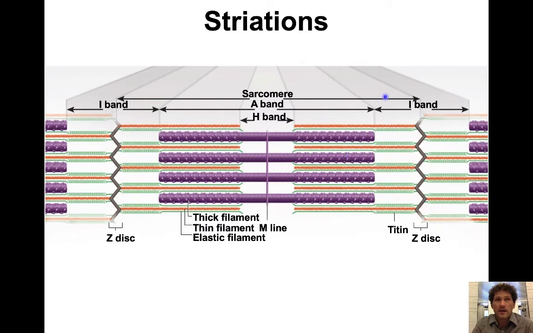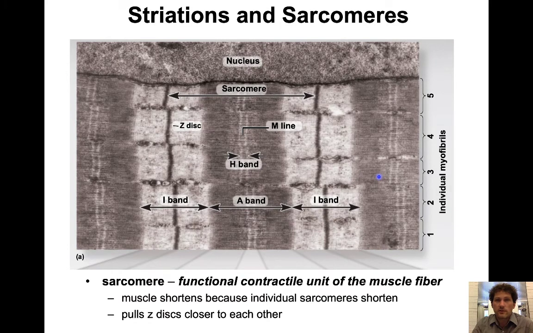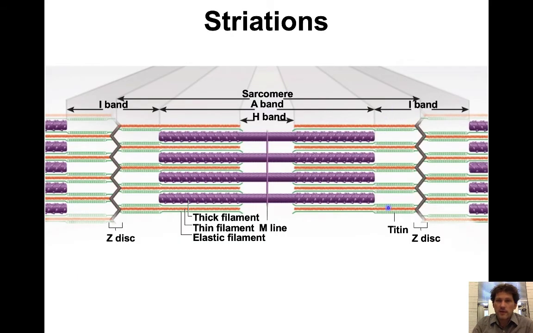The I band is the lighter staining band that we see. Looking back here, this is that lighter staining band, where the A band is that darker staining region, and you can see that M line right in here. Here, we don't have lots of thick and thin filaments overlapping; we're just seeing those thinner strands.